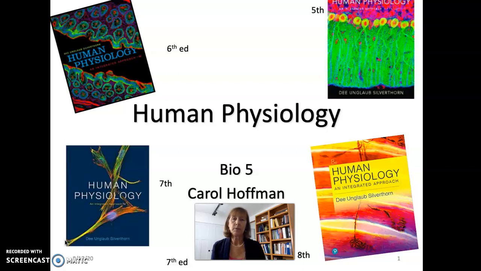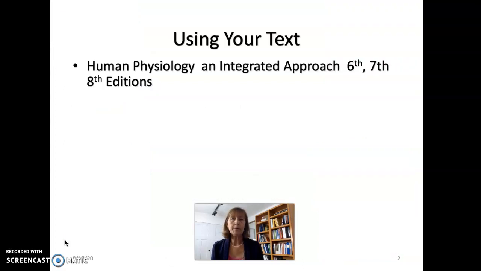Some of the pages, when I tell you about the readings, will be slightly off. Maybe there'll be one page off, but you should be able to figure it out given the outlines that I give you. So using the text is really important, especially online. So please have that book.